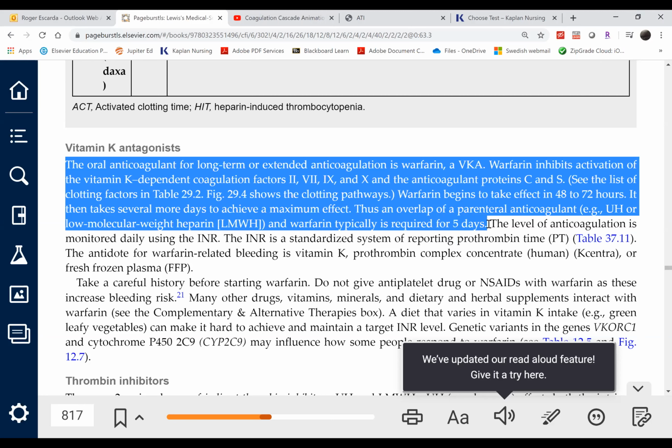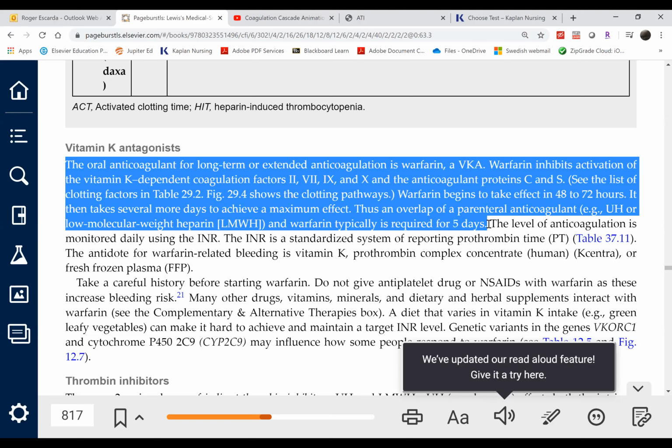The oral anticoagulant for long-term and extended anticoagulation is warfarin, VKA. Warfarin inhibits activation of the vitamin K dependent coagulation factors 2, 7, 9, and 10, and the anticoagulation proteins C and S. Warfarin begins to take effect in 48 to 72 hours.